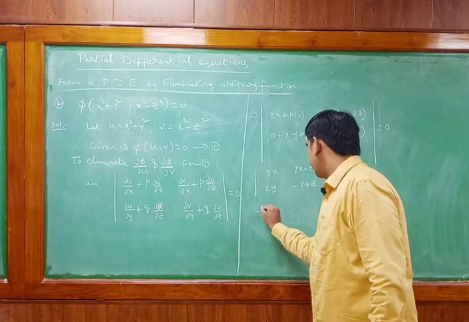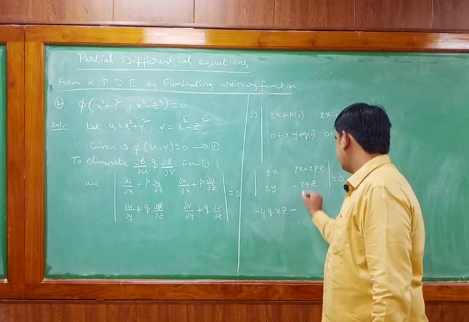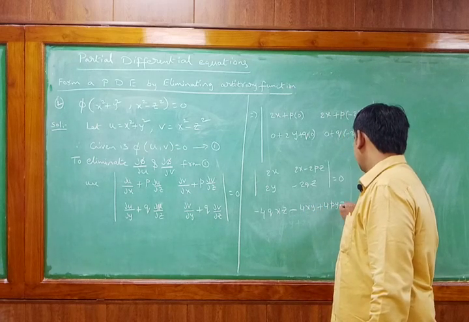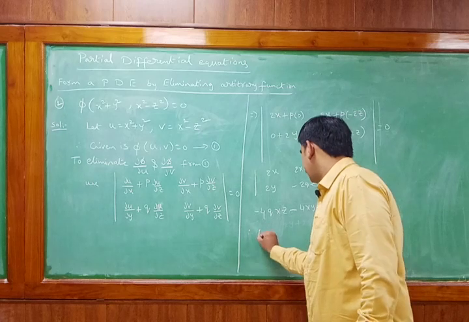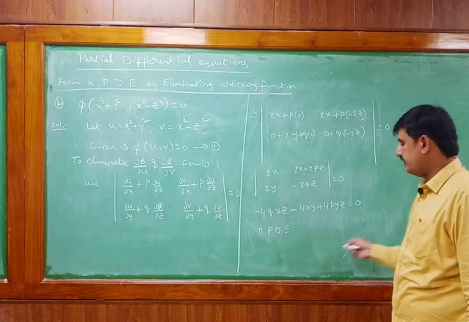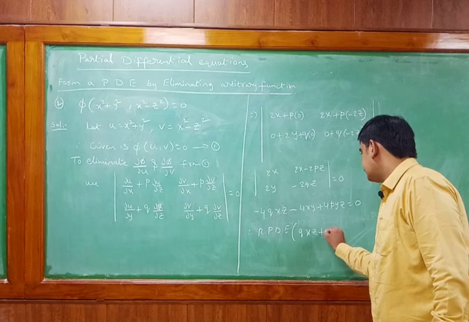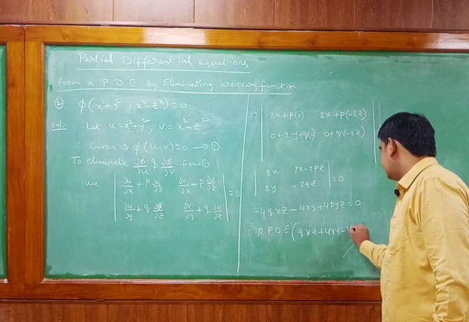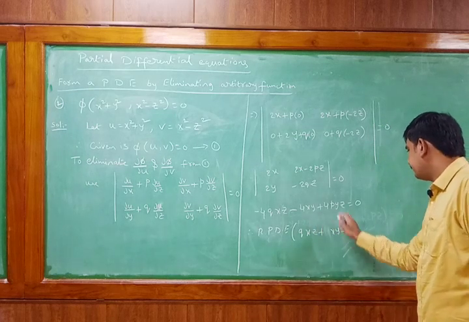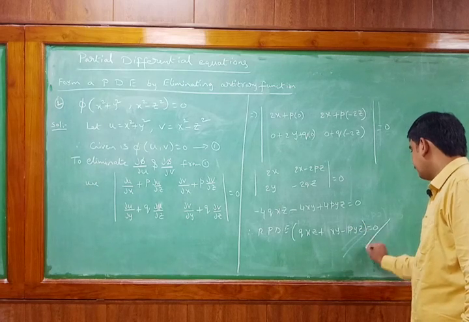So what I get here is minus 4qxz minus 4xy plus 4pyz equal to 0. Therefore, for the required PDE, take out minus 4 common and cross multiply that side, it becomes 0. So qxz plus xy minus pyz is equal to 0. We took 4 common. This is our required PDE.